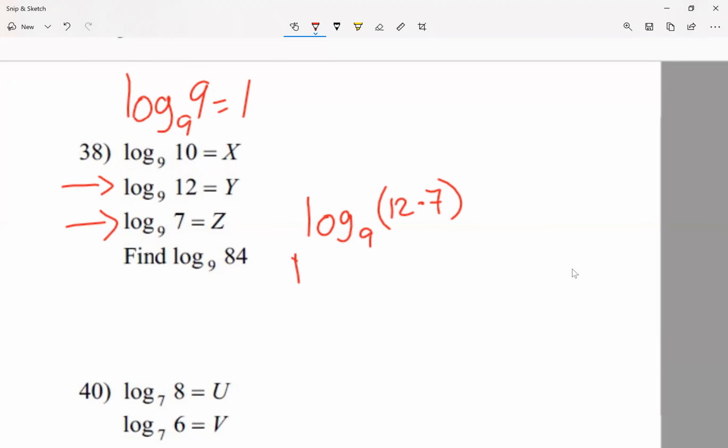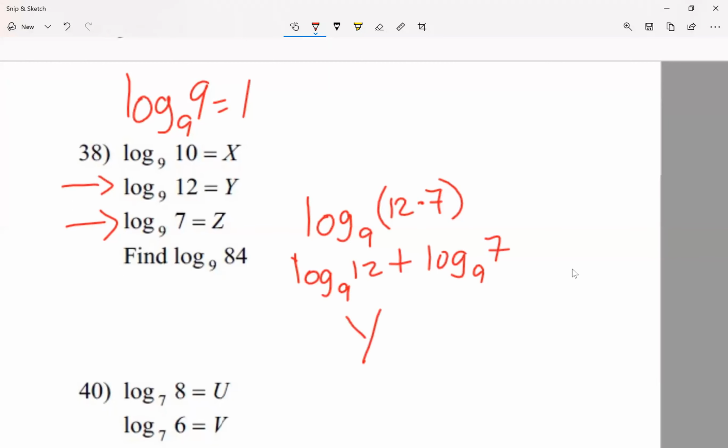So let me replace this as log base 9 of 12 plus log base 9 of 7. Now log base 9 of 12, let me replace that with a y, plus log base 9 of 7, let me replace that with a c. So my answer would be y plus c. Again, I want you to practice on expanding and condensing logarithms.